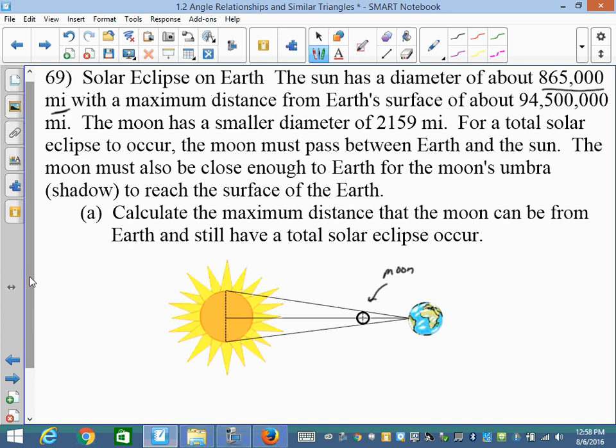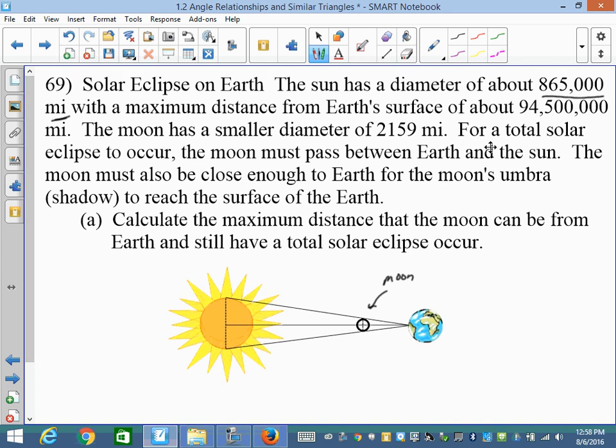So before I lift the page up, I'm going to mark things in there. So I have 865,000 is my diameter. Okay, I lost my pen. There it goes. So 865,000, that is my diameter. The moon's diameter is 2,159.